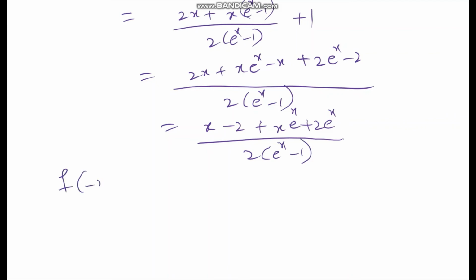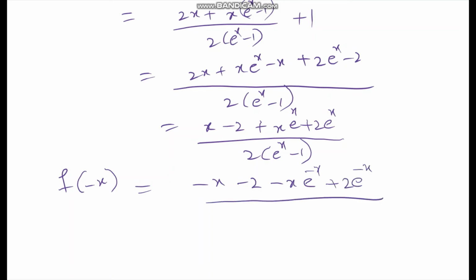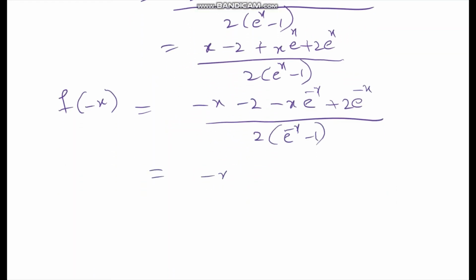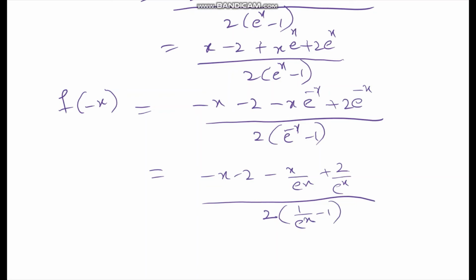f(-x) will be equal to -x minus 2 minus x e^(-x) plus 2e^(-x) by 2(e^(-x) - 1). This is equal to -x minus 2 minus x by e^x plus 2 by e^x, whole divided by 2 into 1 by e^x minus 1.